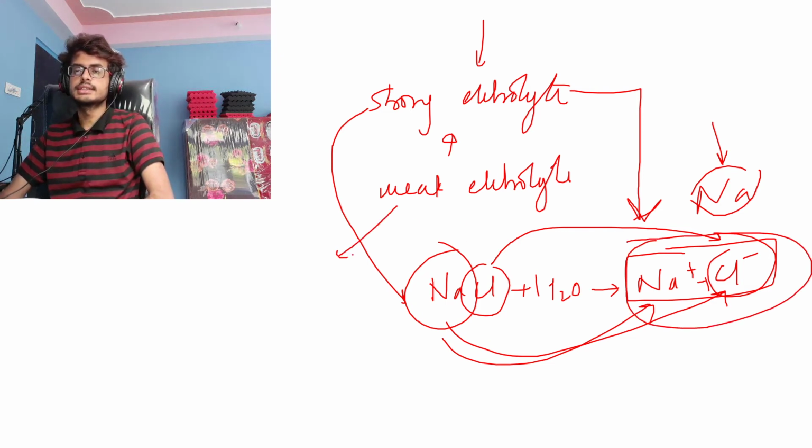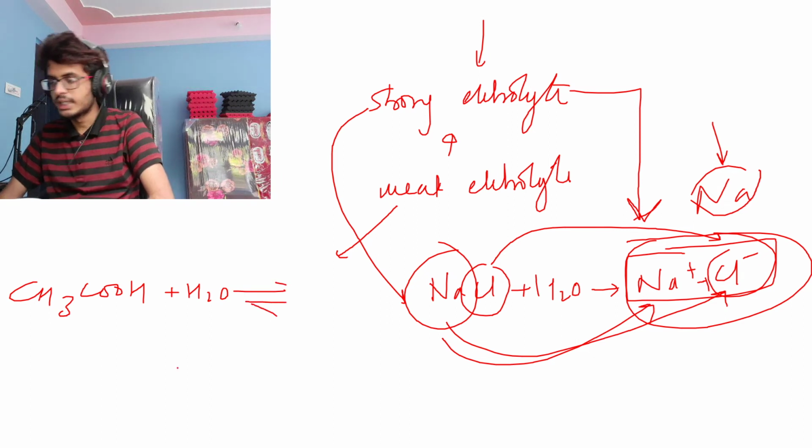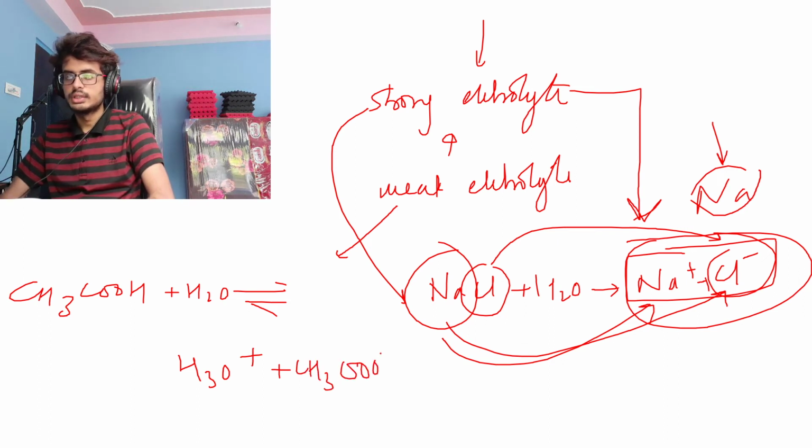Now weak electrolytes are basically from organic compounds, like an organic acid, CH3COOH. When you dissolve this in water, you get a reversible reaction giving H3O+ and CH3COO-.